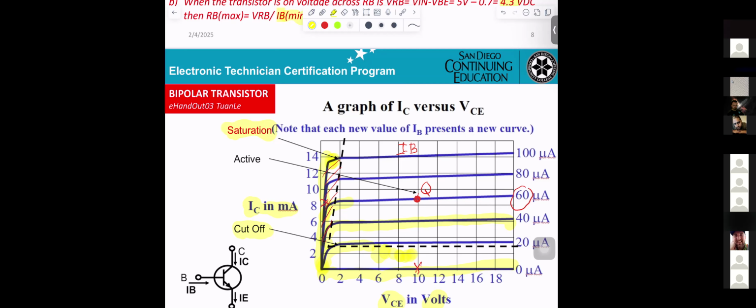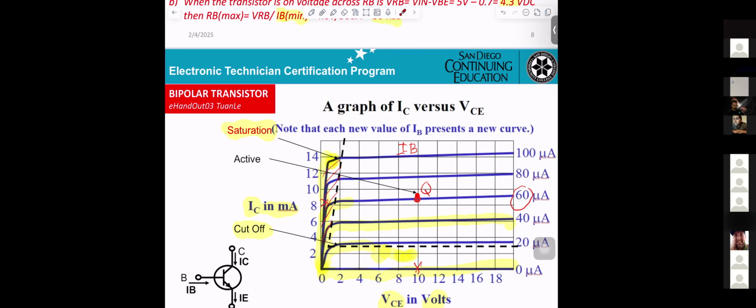However, if you want to amplify your voice, then it has to be in active. And they already tell you here, this is active. So normally, if you want to design the amplifier, you have to get the Q point.